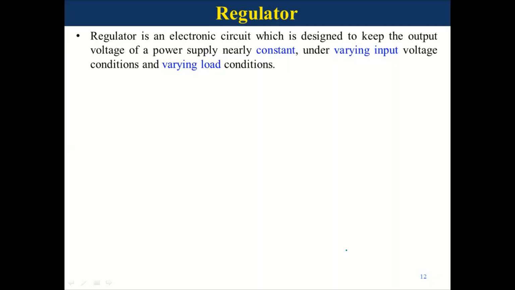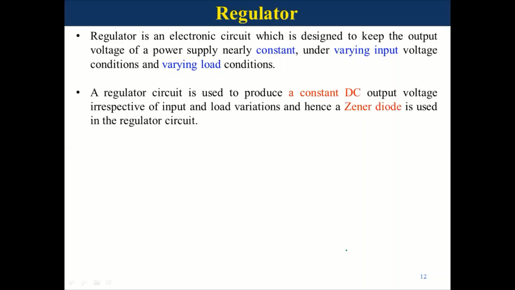Since this regulator is the last circuit, it must produce a constant output voltage irrespective of both input and load variations. Since we want a constant output voltage at the regulator output, we need a device that gives a constant output voltage.